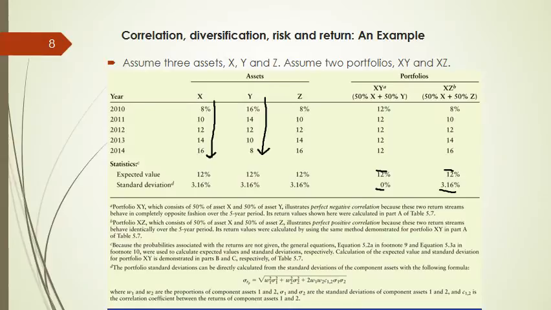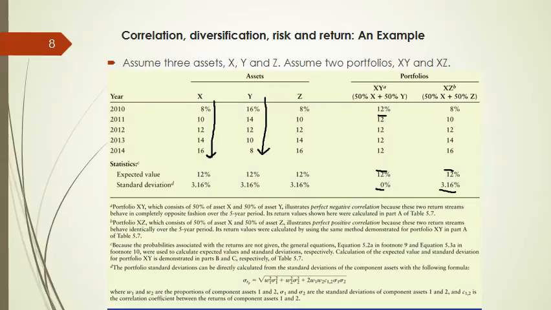So as you can see, although asset X is increasing, asset Y is decreasing, and hence this results in our expected return for each year staying at 12%. Now let's look at our other portfolio, portfolio XZ.